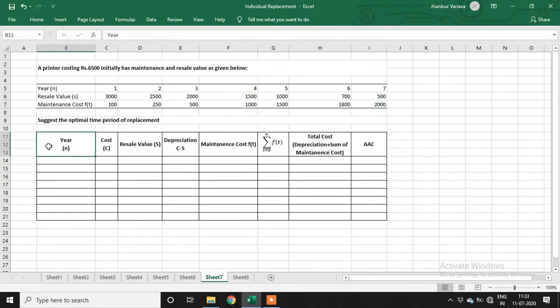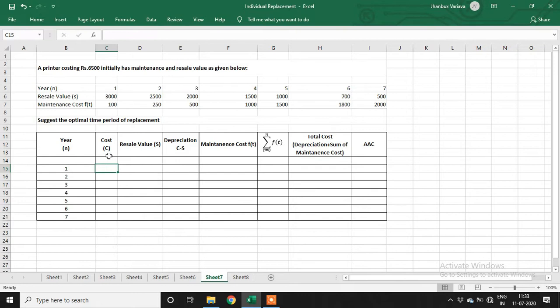So the first column will be our year, the n years. How many years are provided to us? 7 years are provided to us. So first of all, write down in this column the year numbers 1, 2, 3, 4, 5, 6 and 7. These are the years that are provided to us. Now the second column will be the cost.